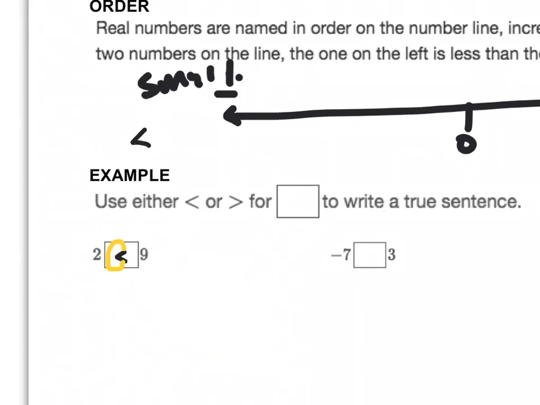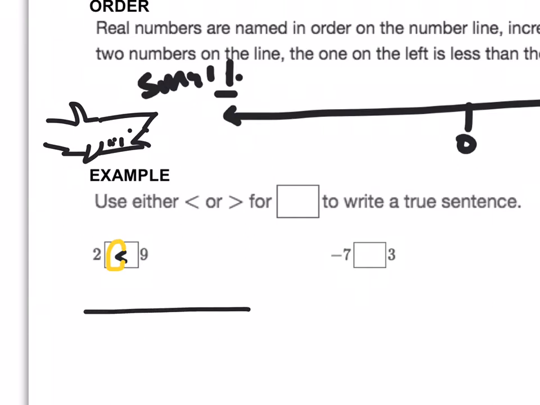So if I have that little symbol there, I draw a little shark, and the shark is going to eat the larger number. There's my little shark. So we just want to know which one's bigger.